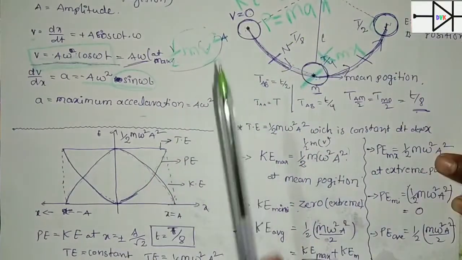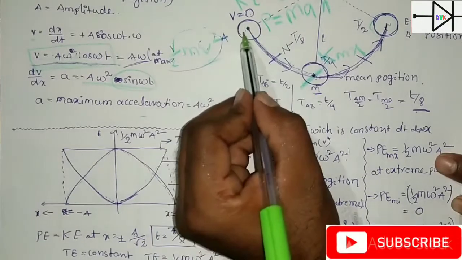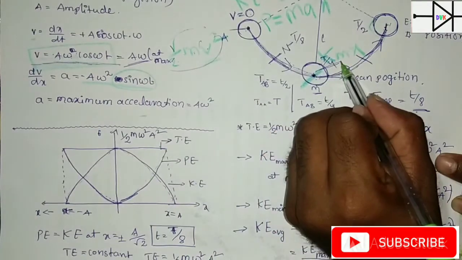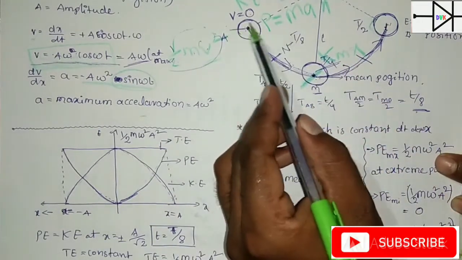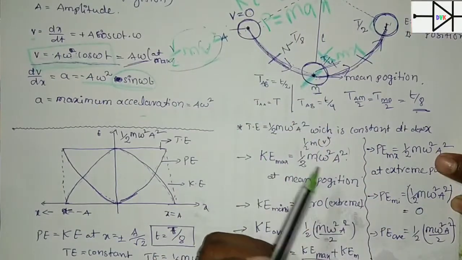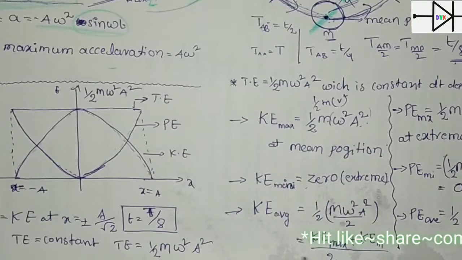Average energy, average kinetic energy: here kinetic energy is equal to 0, and here kinetic energy is maximum. Average energy is 0 plus kinetic energy maximum, (1/2) m omega square a square, by 2.